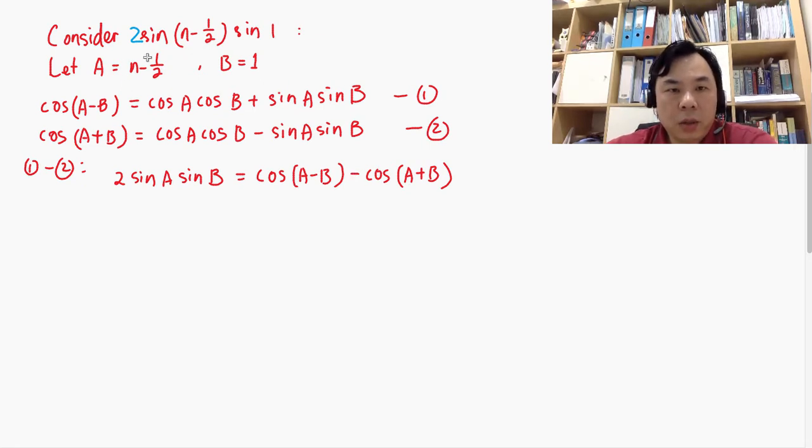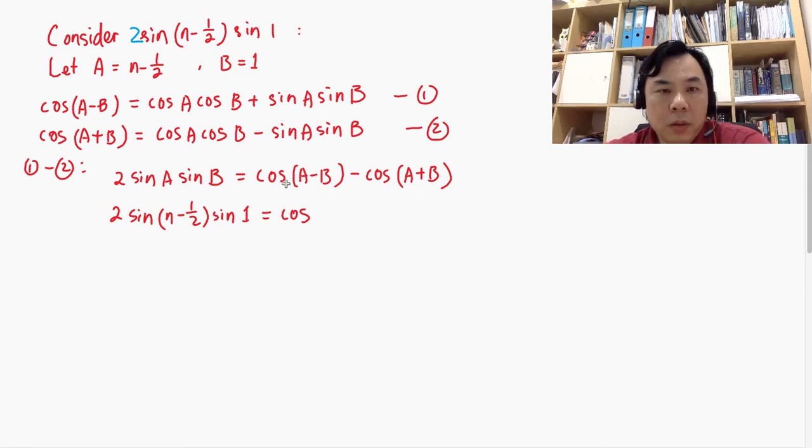Since A is equal to this, now I'm going to substitute this value inside here. Therefore, we can deduce that sine n minus half, sine 1 in this case must be the same as cos(A plus B). So your A plus B is n minus half minus 1.